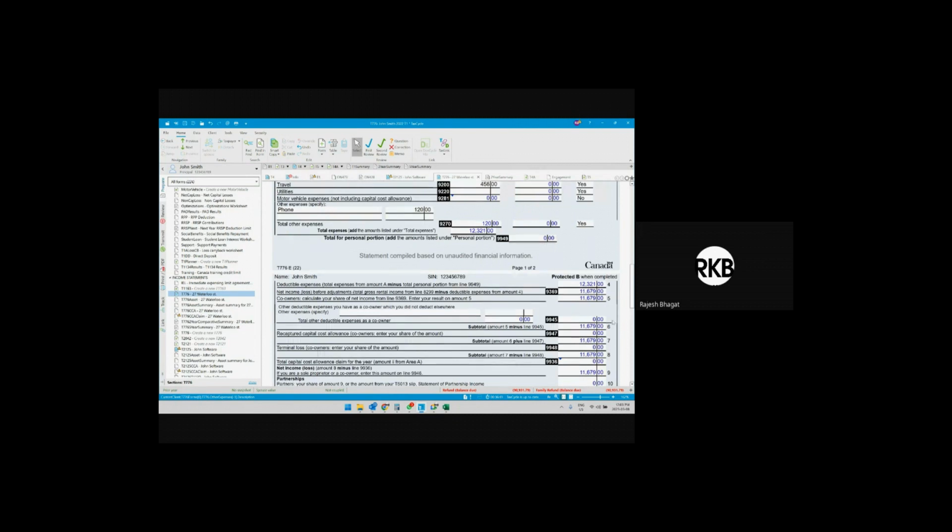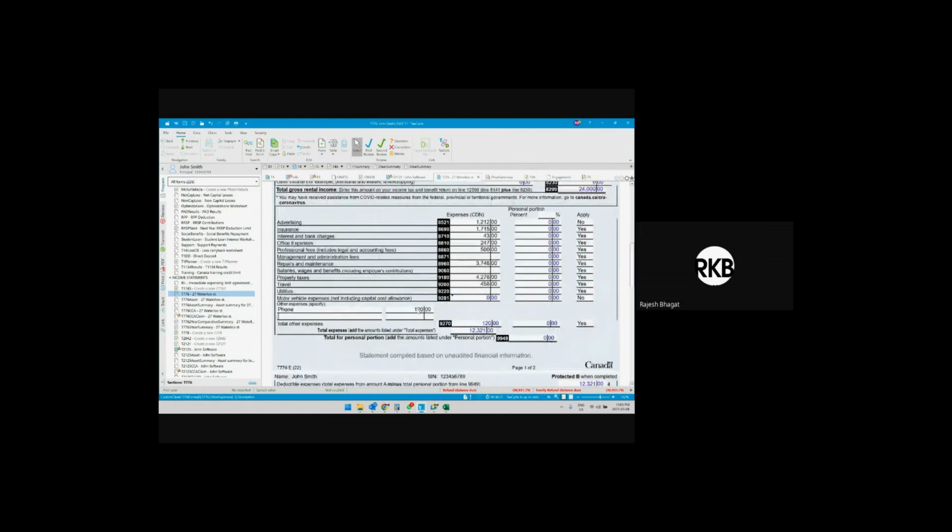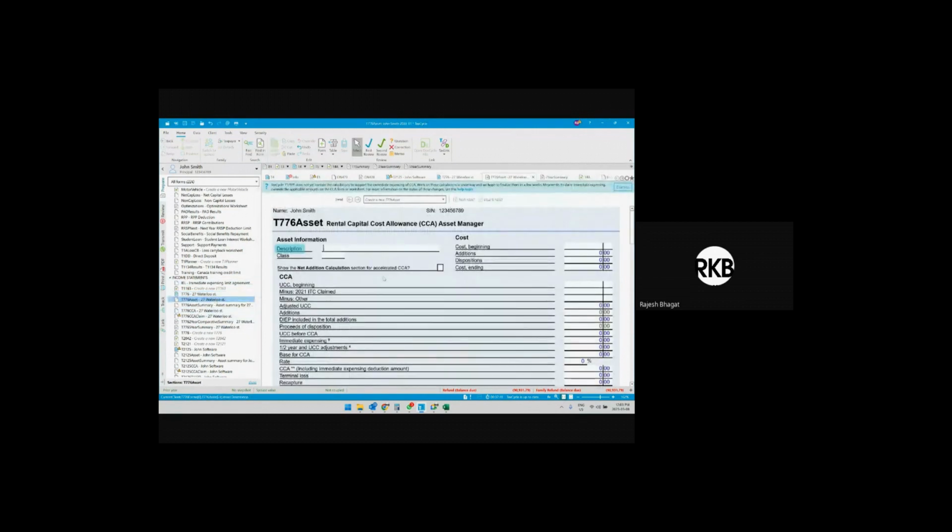So this is your net rental income. Now, on your rental property, you can claim depreciation, but I have not specified his asset details. So let's create the asset, T776 asset, or you can press F4 and find it. Description: building.